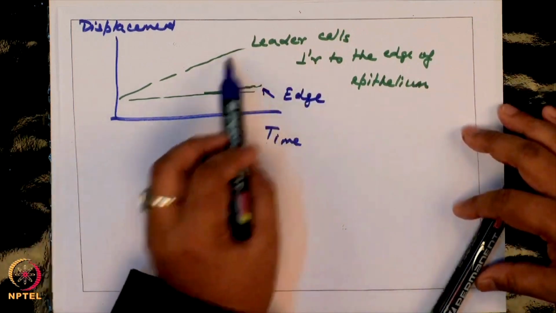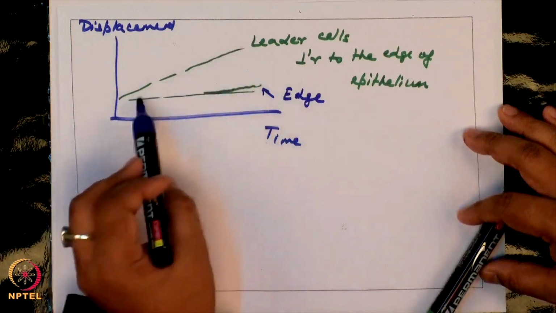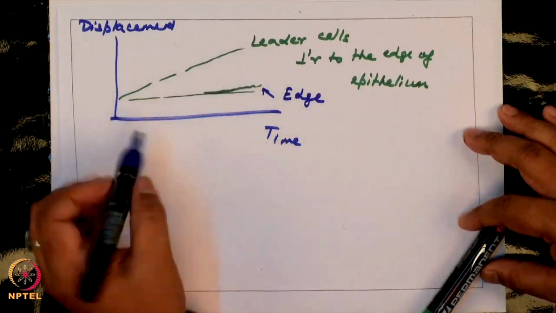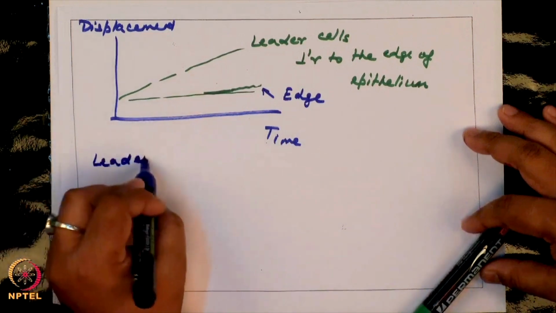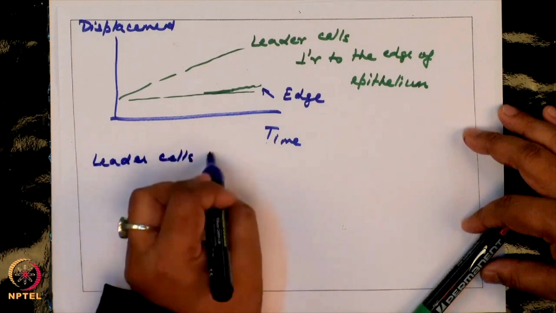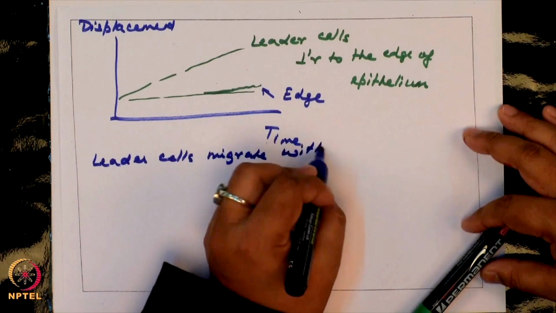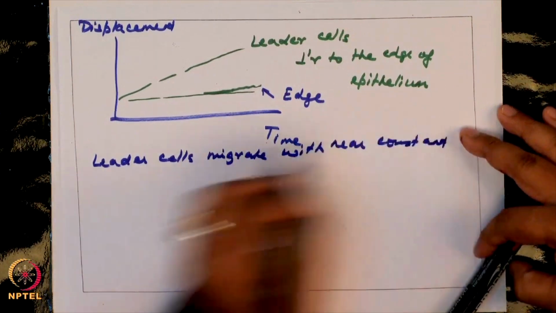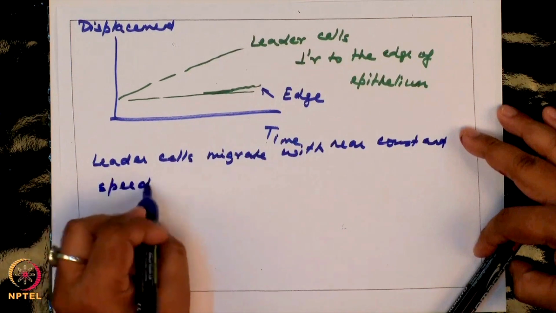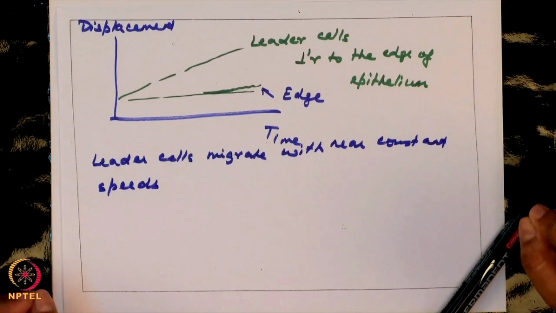One important thing for the leader cells was that this line was almost a straight line, which meant that the slope is constant. So leader cells migrate with near constant speeds. These are the two important things that you learn from it.